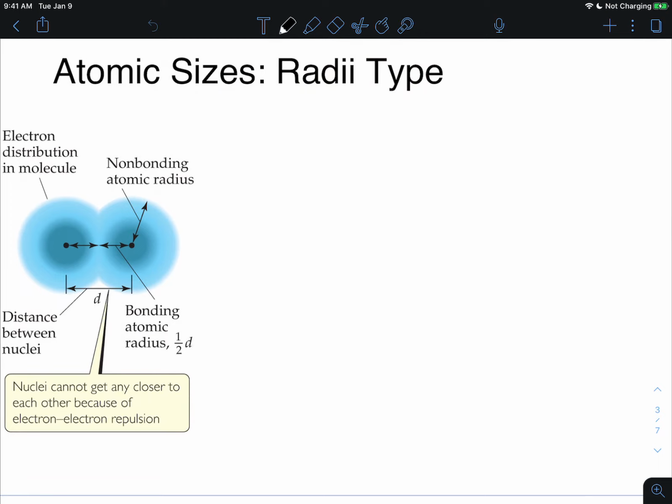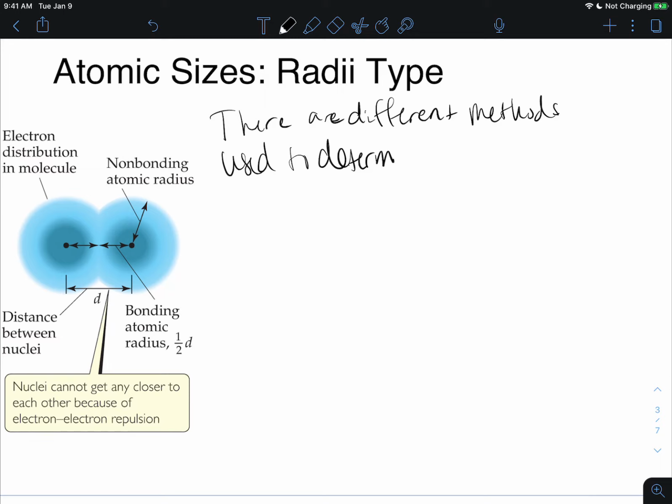When we're talking about atomic sizes, we talk about different types of radii, so different methods used to determine the atomic radii.